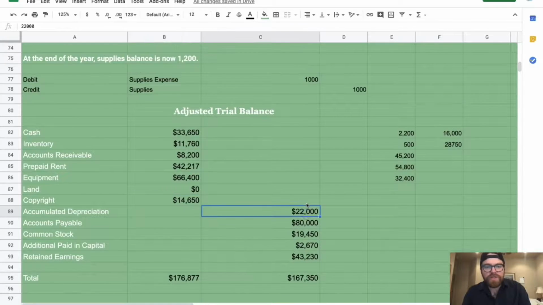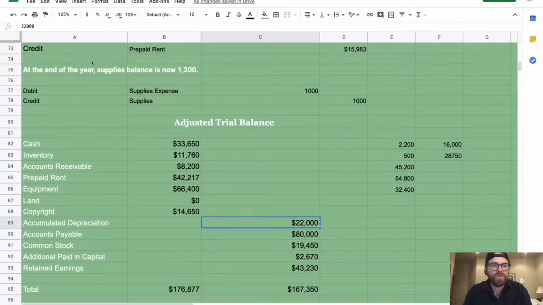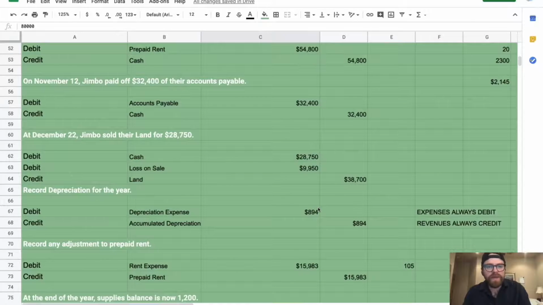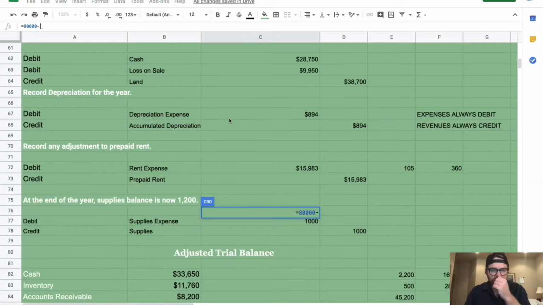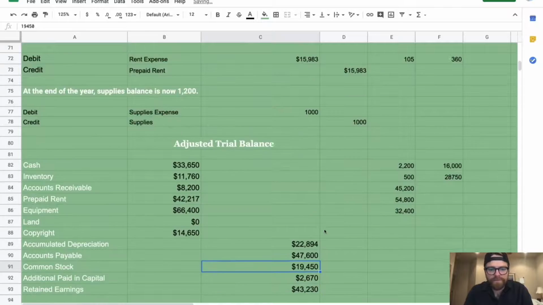Accumulated depreciation, well, that does increase by 894. So we're just going to do equals 22,000 plus 894. There we go. Accounts payable. Well, we did pay off accounts payable here, 32,400 of it. So we're going to do equals and then minus 32,400.